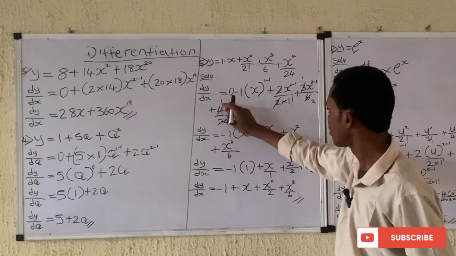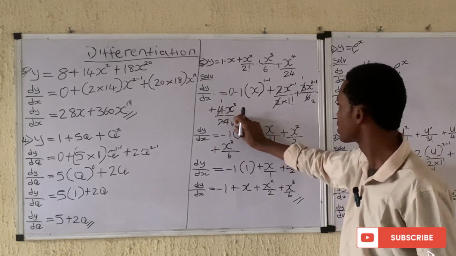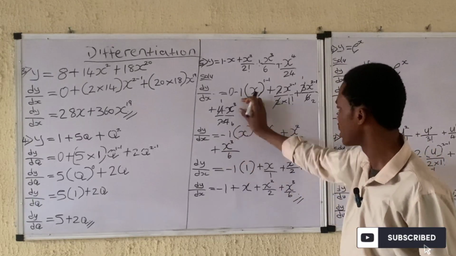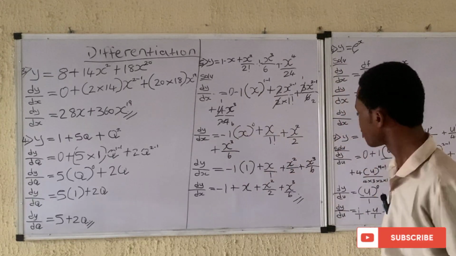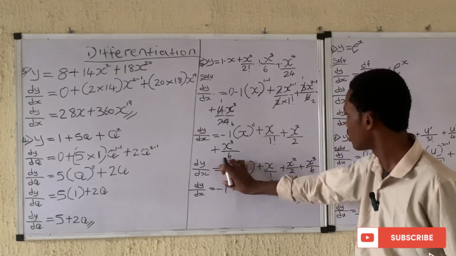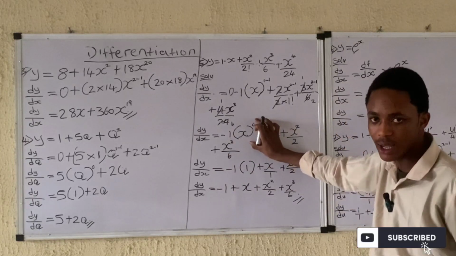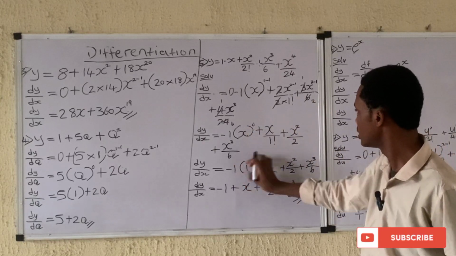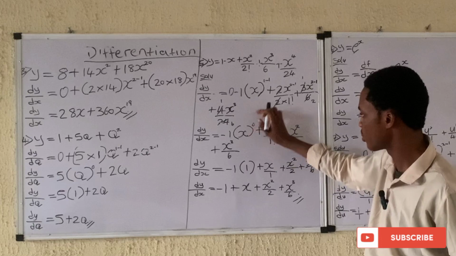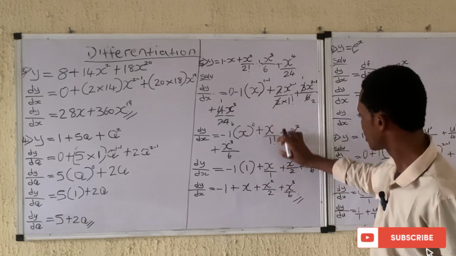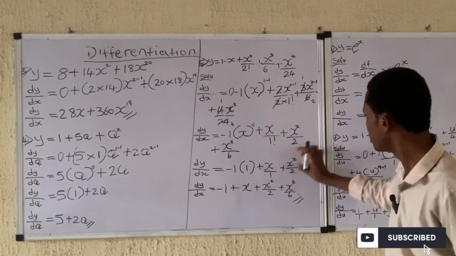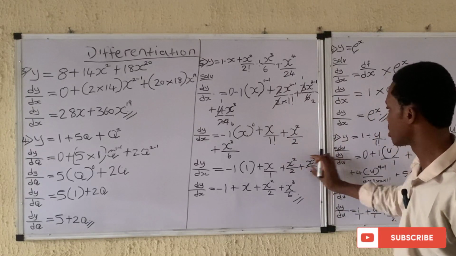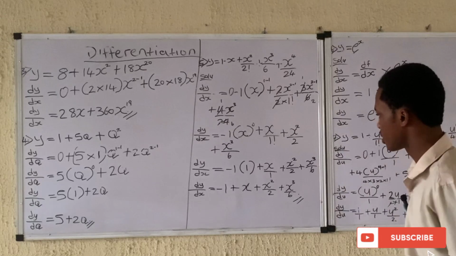Now plus 4 here, 4 into 6 gives 24, which will give us x raised to the power 3 all over 6. Now, dy dx equals 1. x raised to the power 0 is 1, which will give us x minus 1. x raised to the power 0 is 1, plus x, 1 factorial is 1, as I told you before, plus x raised to the power 2 all over 2, plus x raised to the power 3 all over 6.